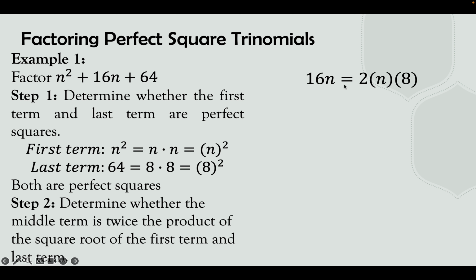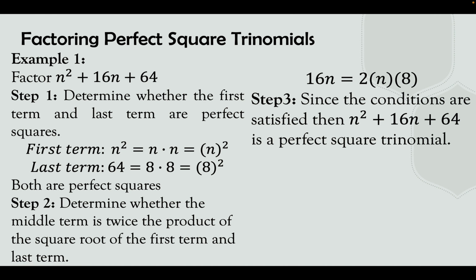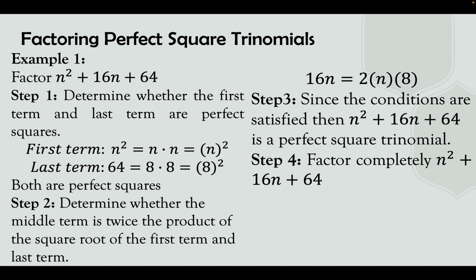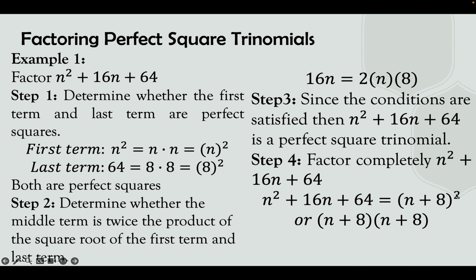So 16n = 2 times n times 8, that is 2n times 8, which is 16n. That is correct. Since the conditions are satisfied, n² + 16n + 64 is a perfect square trinomial. Then we can factor it completely as (n + 8)², or (n + 8)(n + 8).